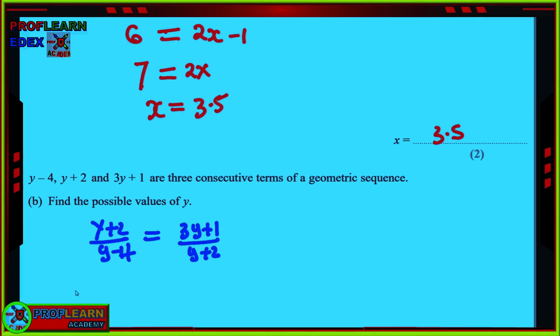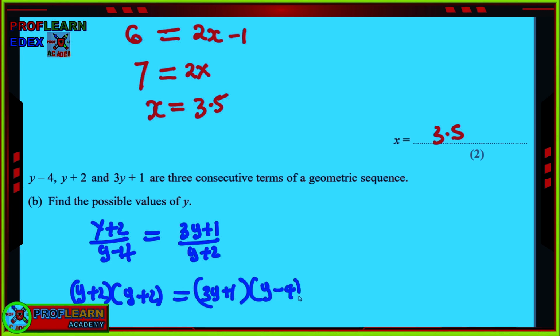So if we cross multiply, we shall have y plus 2 multiplied by y plus 2, equals 3y plus 1 multiplied by y minus 4.